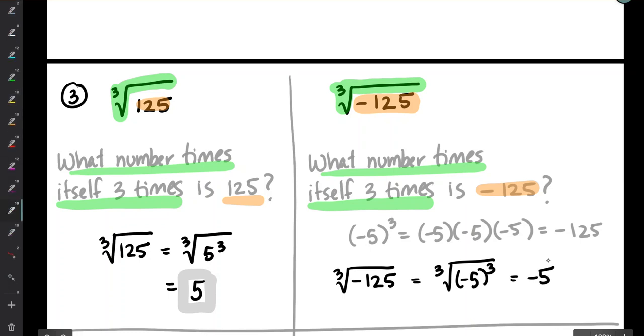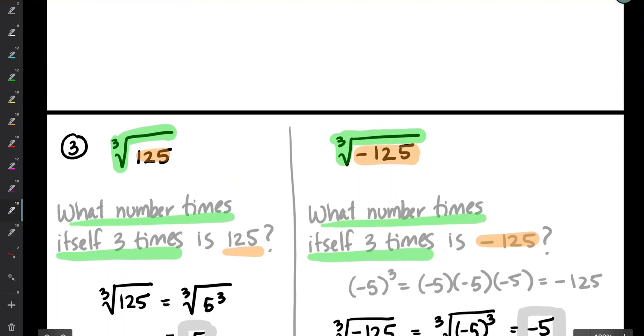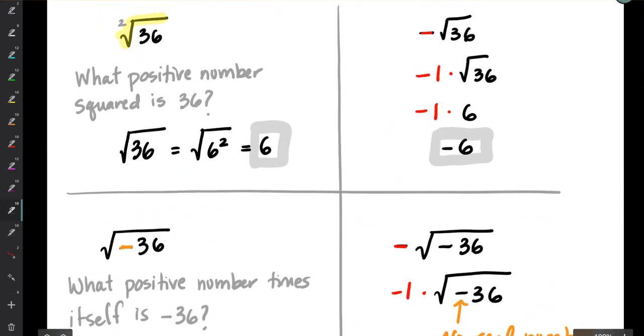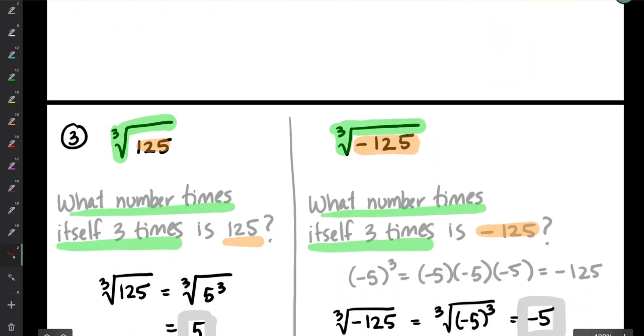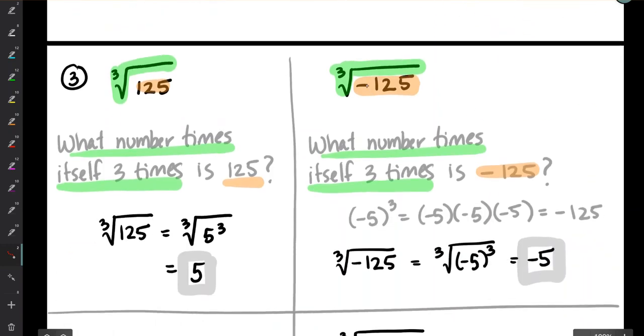I want to juxtapose this against this problem up here, where a minus inside the root was a problem when we were taking a square root. But it is not a problem here. Having that negative inside was not a problem.